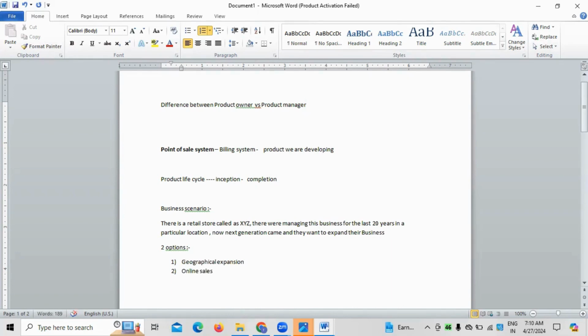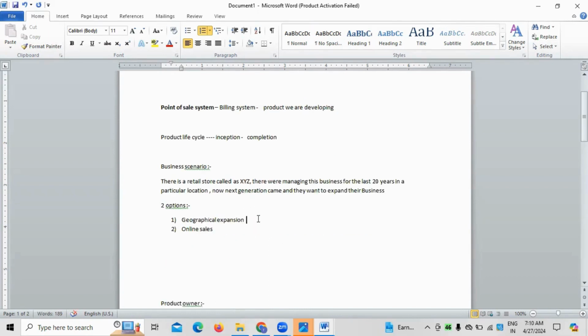If you want geographical expansion, it means you want to open multiple stores in the coming days, either 3 stores, 4 stores, 5 stores. These are the two options in context to the business goal you want to achieve.